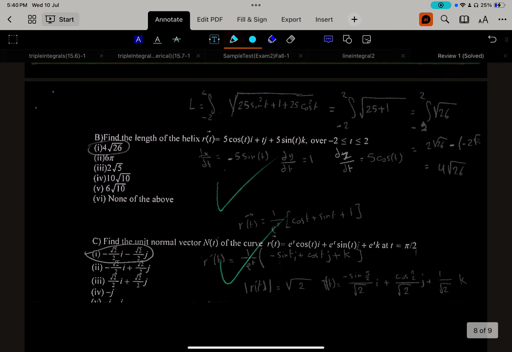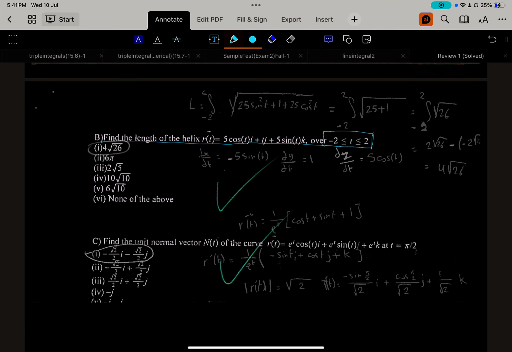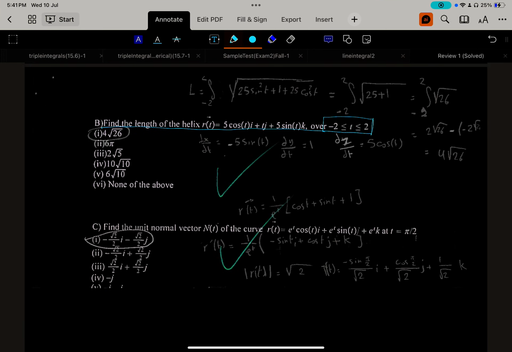Okay, so we have here some MCQs. Let's see. He's asking us to find the length of the helix for t bigger than -1 and smaller than 2. In order to find the length of the helix, just copy both of these questions, and we're going to go over them.